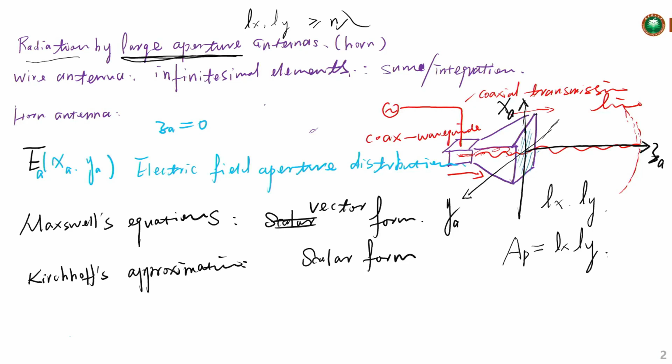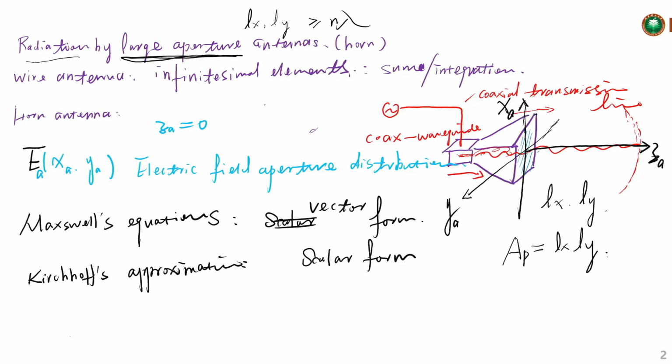However, its wavelength is around 2 to 3 millimeters. So it is several wavelengths, and this is called the large aperture size. Here we concentrate on the large aperture antenna.